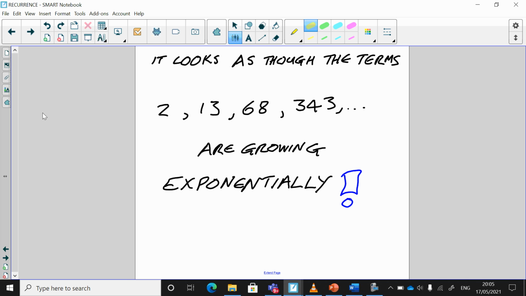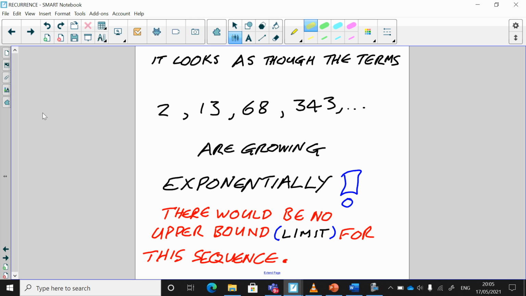They are growing massively, so it would shoot through the roof, which means there's no upper bound, which we sometimes refer to as a limit, for this sequence of numbers. The sequence actually goes on forever.